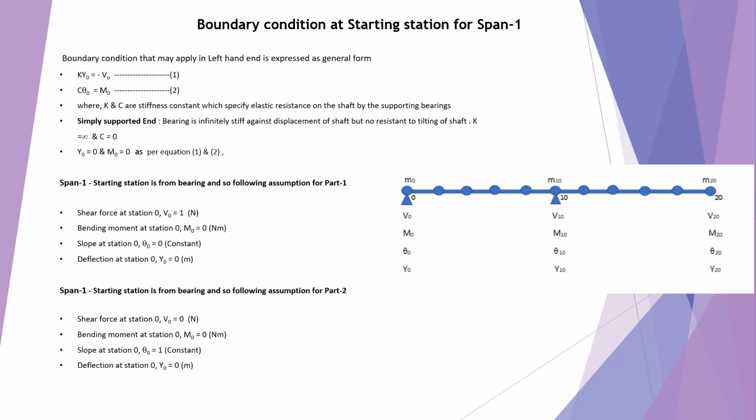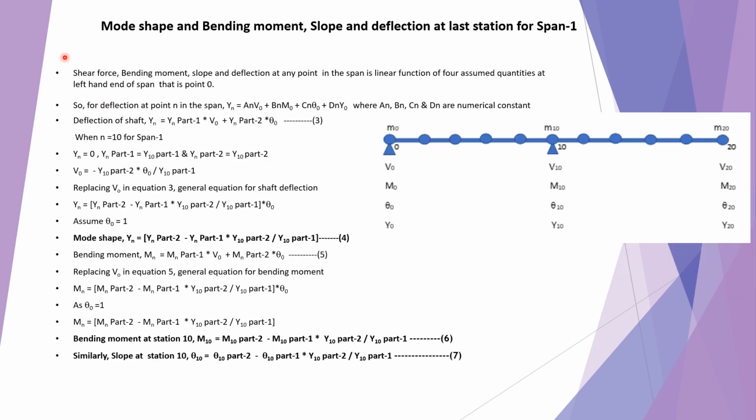First, span 1. Now the mode shape and bending moment, slope and deflection at its last station for span 1. Shear force, bending moment, slope and deflection at any point in the span is a linear function of four quantities at the start of that span, that is point 0. So deflection at any point of a span Yn = An V0 + Bn M0 + Cn theta 0 + Dn Y0, where An, Bn, Cn and Dn are assumed constant.